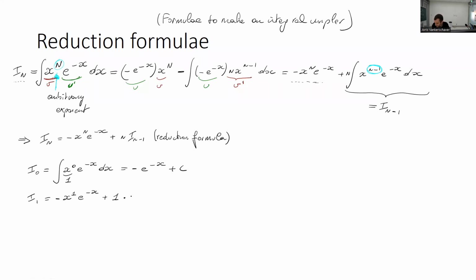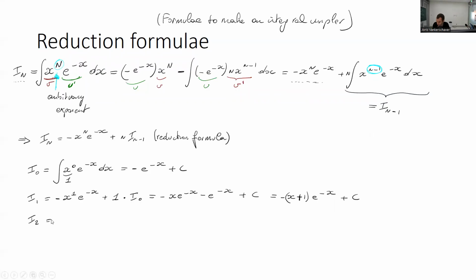For n equal to 1, that's I_0. So if we substitute and immediately simplify, we get minus x e to the minus x minus e to the minus x plus a constant. In other words, minus x plus 1 times e to the minus x plus a constant, if I just combine the terms. That gives us I_1.